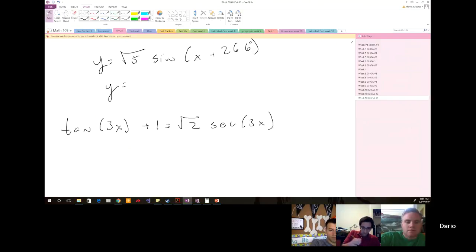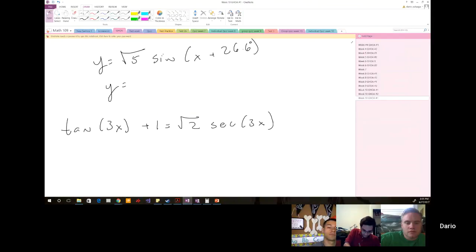Based on the previous problems you have solved, what is the issue in solving this equation? What identity can you use that relates tangent and secant together? What will you need to do in order to use this identity? I don't have them memorized, guys.